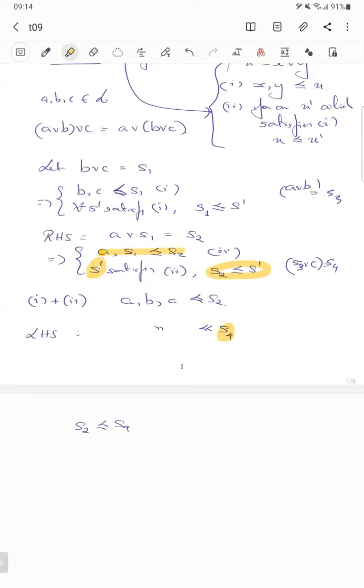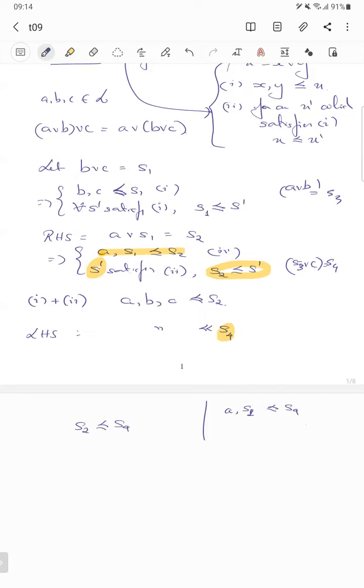You're on a very good track. So the question now boils down to: does A comma S1 precede S4? If you prove this, that means S4 satisfies the second line, which means S2 precedes S4 by this line.